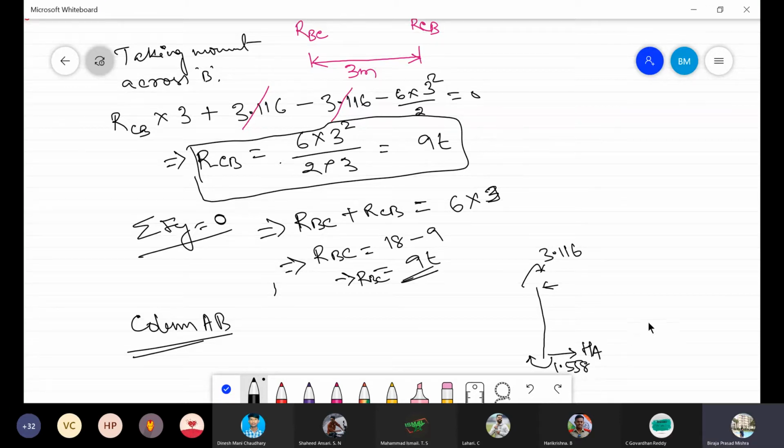The distance between A and B is how much? 4 meters, sir.